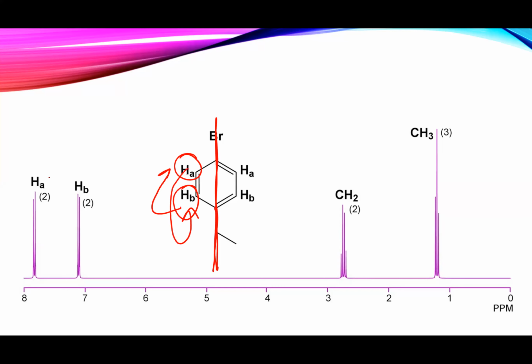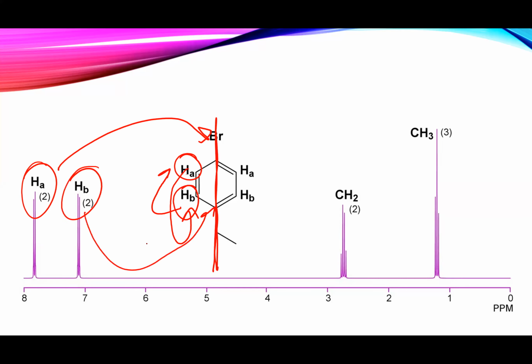So they are each represented by doublets, and they are separated by almost 1 whole ppm, probably about 0.8. HA, being closer to the bromine, is further downfield. HB is closer to the ethyl group, so it's a little more upfield. So basically HB has not really changed at all from what the NMR shift for benzene would be.